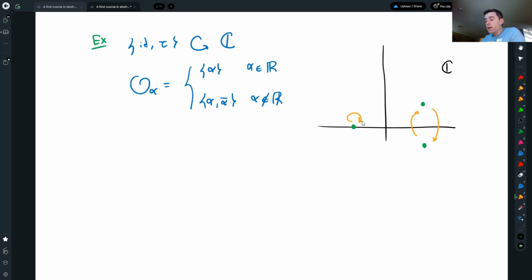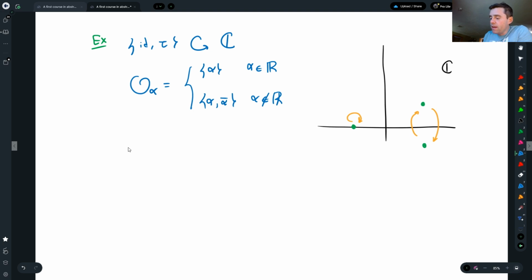So to get representatives of every orbit, I want to not get a duplicate. So I don't want these ones. I can just pick, for example, every element in here, including one in the real line, as a representative of each orbit.